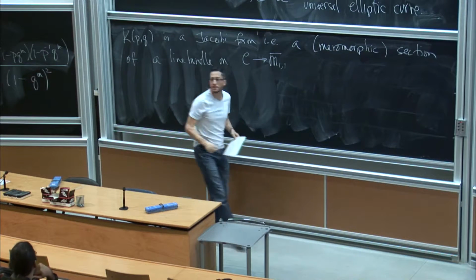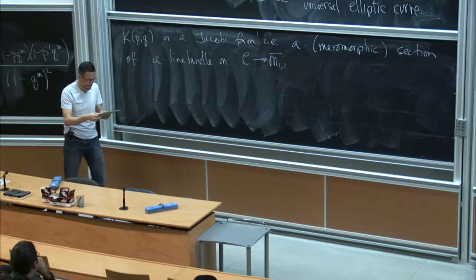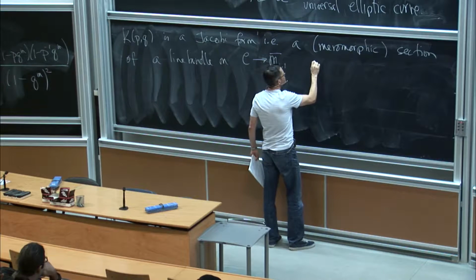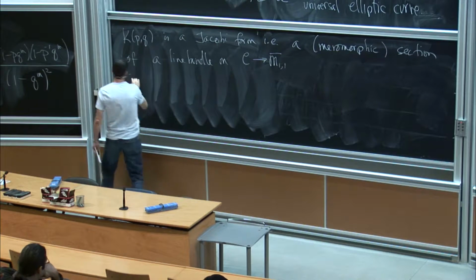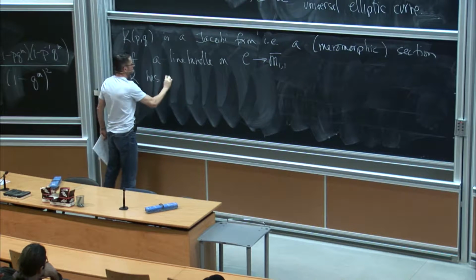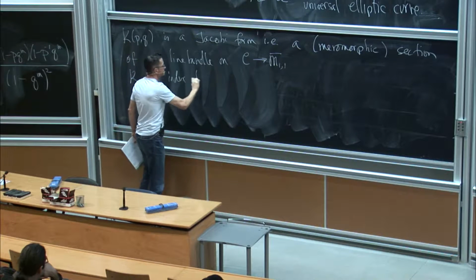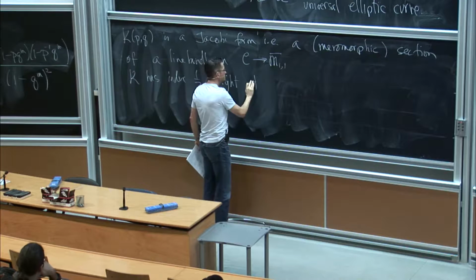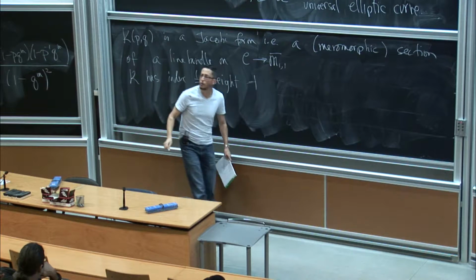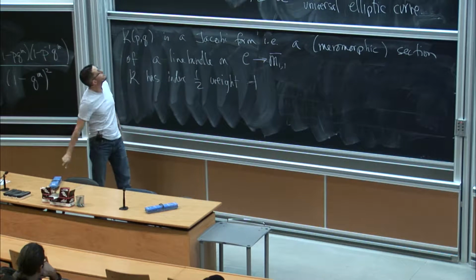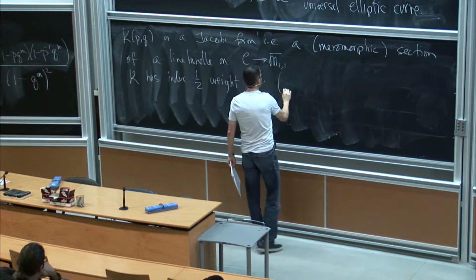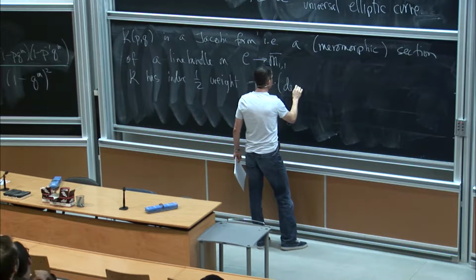And this Jacobi form has index 1/2 and weight -1. So K, which basically gives us the degree of this line bundle over the fiber and over the universal section.